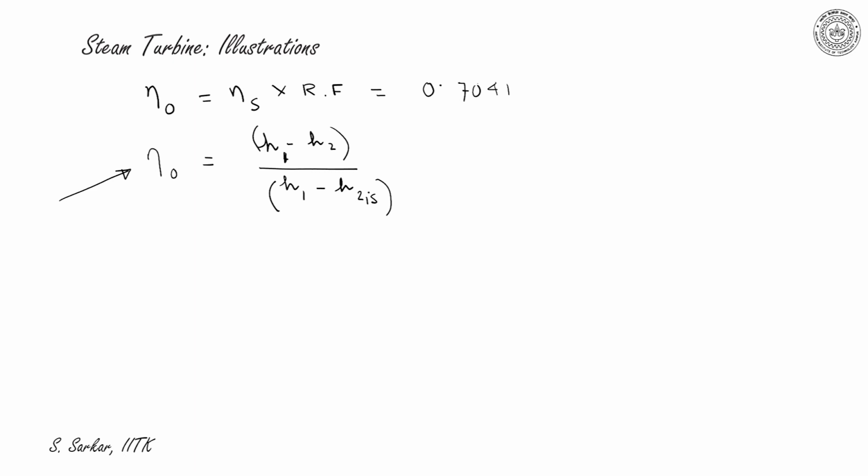So from there, I can evaluate H1 minus H2, which is nothing but eta 0, you know the value of eta 0, into H1 minus H2IS. I know the value of H1 and I know also the value of H2IS.